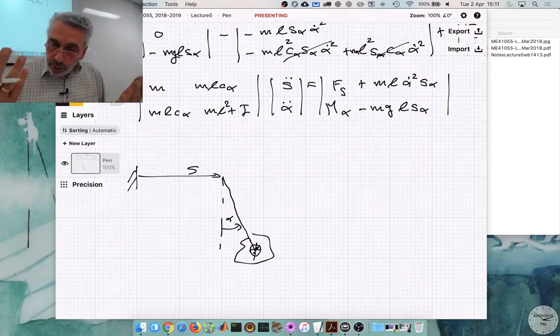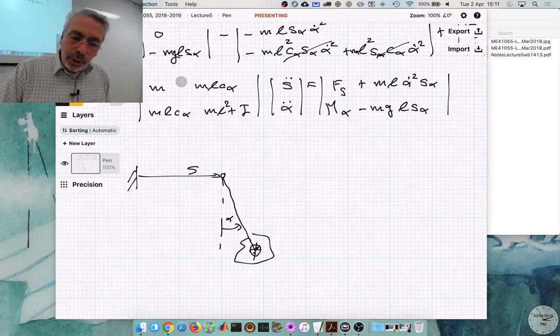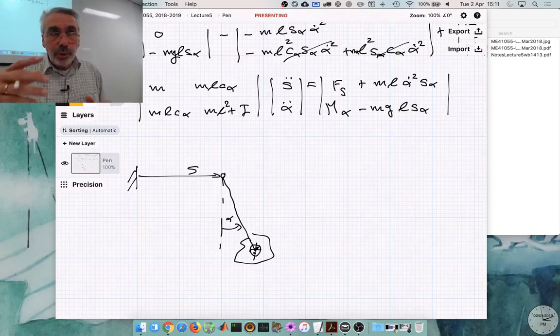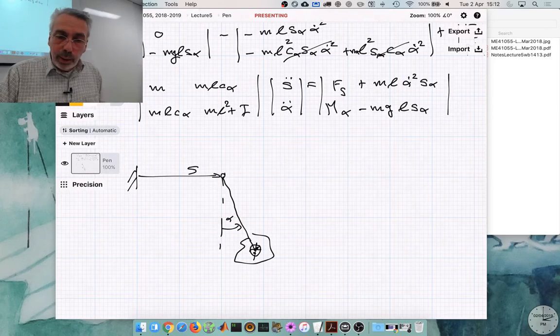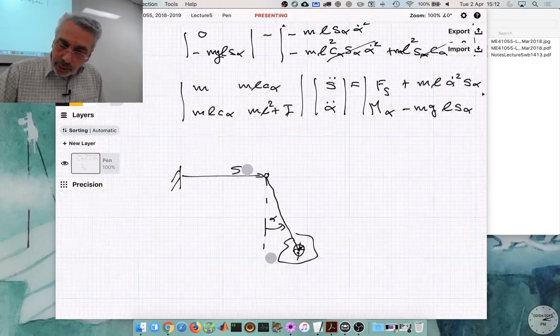So we have to, in our mind, think, if we want to check numbers here, we have to do this mind game, like let's put a constant acceleration on the system and keep this mass at a constant angle, but let's accelerate the thing.